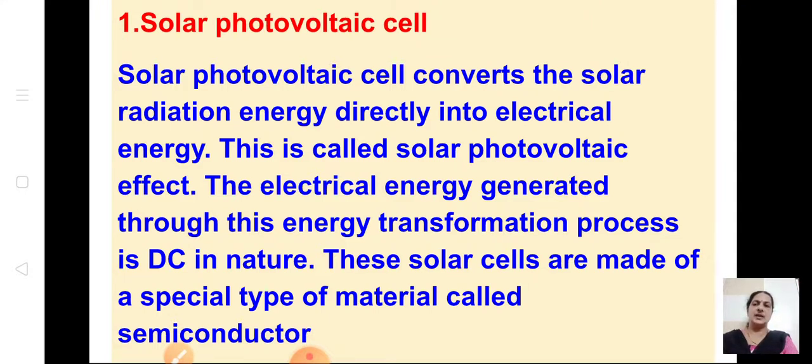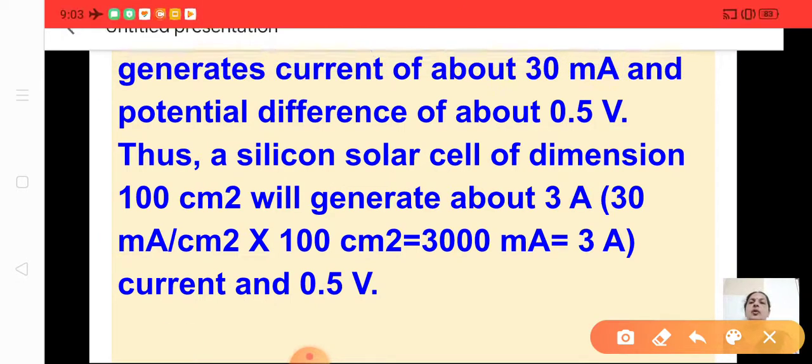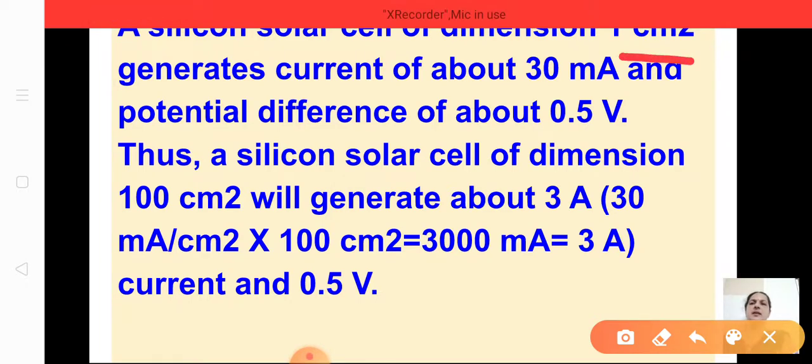It is usually silicon, and the energy which is got from the solar cells is direct current. Now, a silicon solar cell of dimension 1 centimeter square generates about 30 milliampere current and a potential difference of 0.5 volts. So from 1 centimeter square of the silicon cell you will get 30 milliampere of current as well as a potential difference of 0.5 volts.